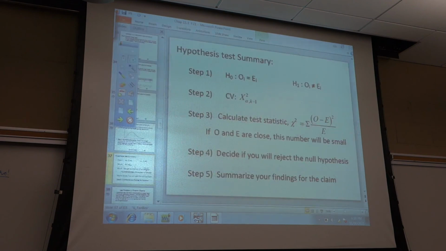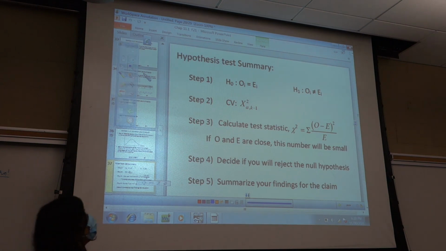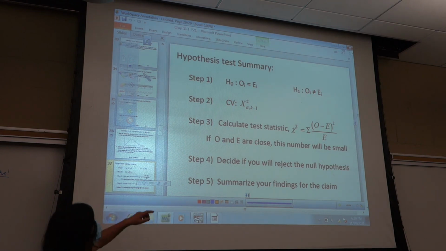Okay, so here's the summary. Summary steps. Step 1, H naught: O sub I equals E sub I. H1: O sub I is not equal to E sub I. Step 2, find your critical value from the chi-squared table using degrees of freedom of k minus 1.